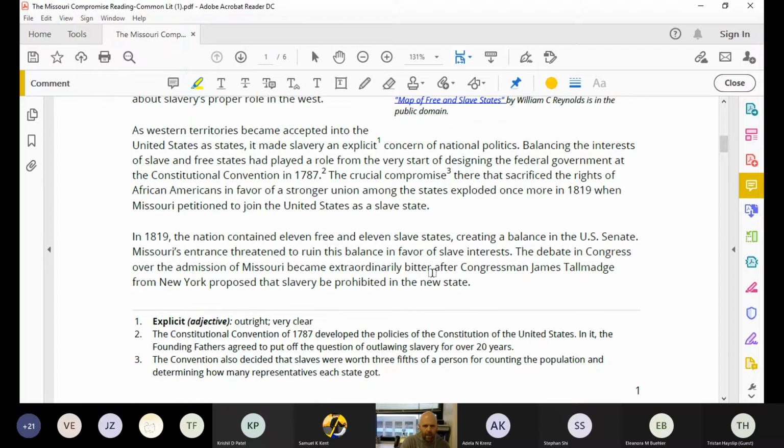And again, when we see here in this last paragraph on the first page, Missouri's entrance threatened to ruin the balance in favor of slave interests. That's the whole point of what we're talking about here, because if you tip the scale in one direction or another, you threaten a crisis where the other side could threaten secession.